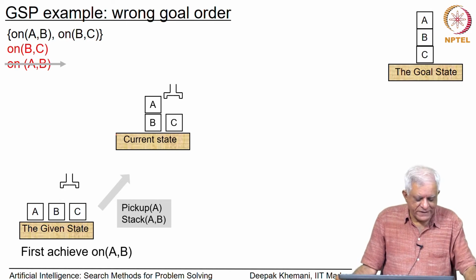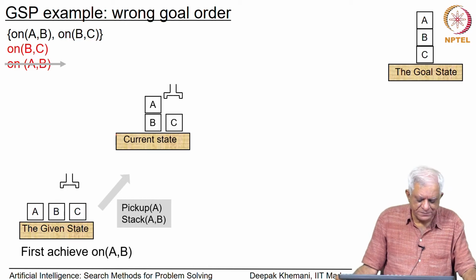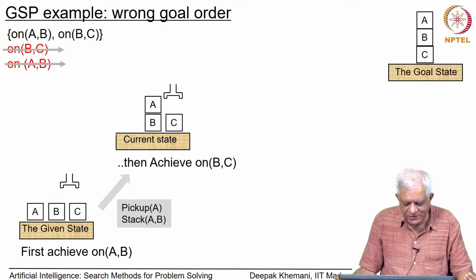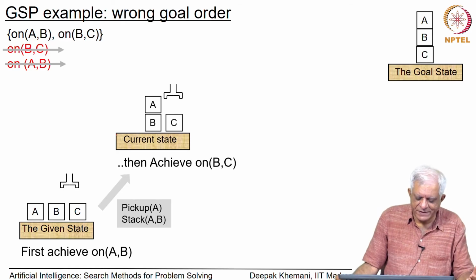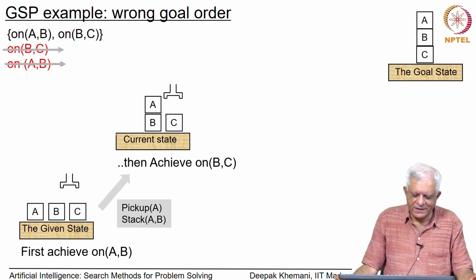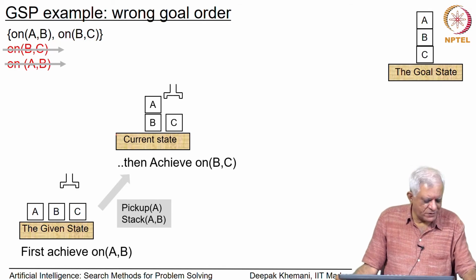Then it will go to the second goal, like in the previous case. Having solved the first sub goal, it is now saying okay, let us achieve on B C, and to achieve on B C again you should go through the process that you will have to first push in the action stack B onto C and then the preconditions and so on and so forth.